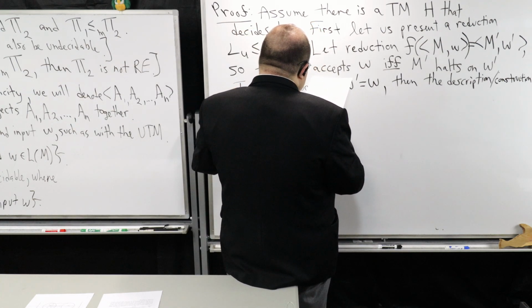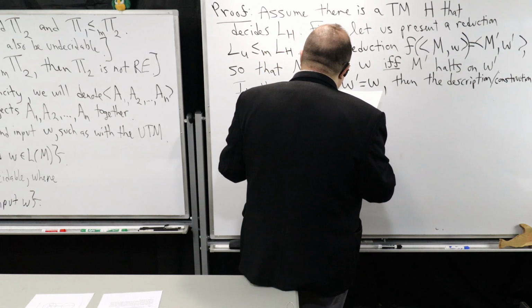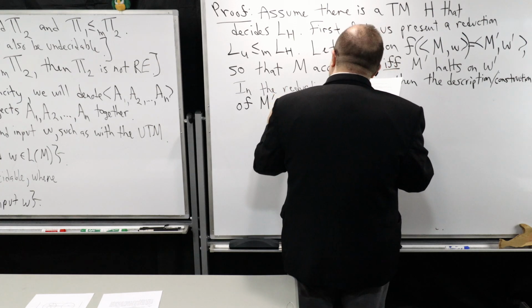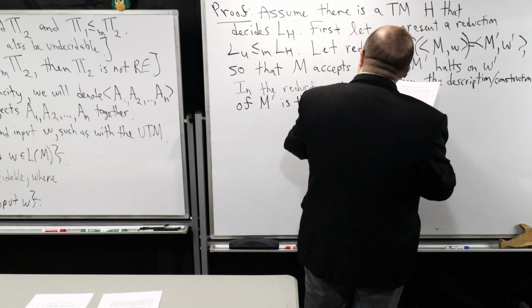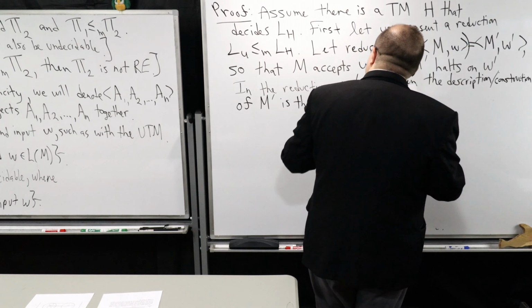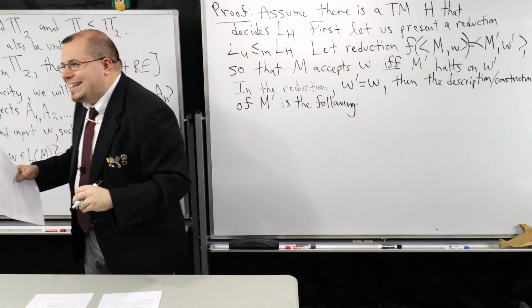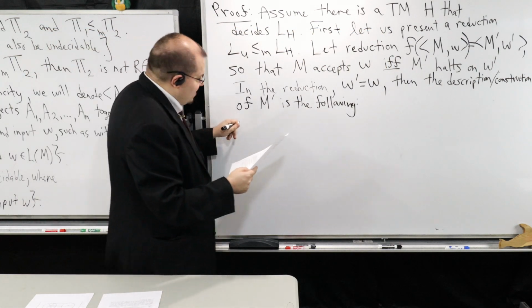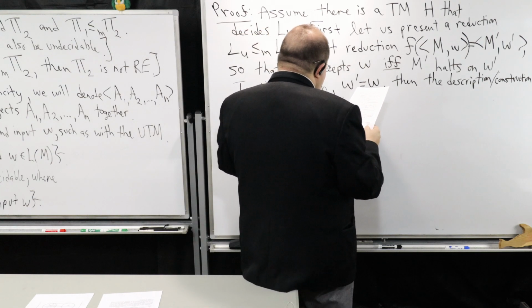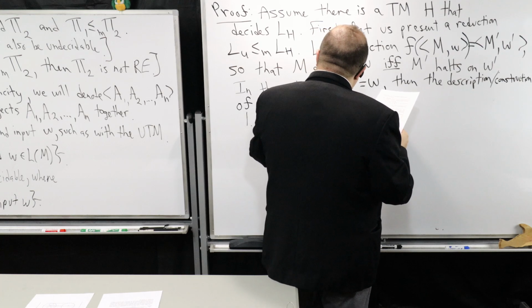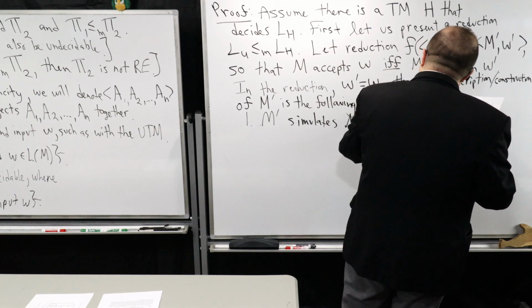So now I have to tell you what M prime is. I'm going to describe it in a high-level description for you. My goal, of course, is to convince you that all of these are valid things to do with a Turing machine. The first thing: M prime simulates M on its input.